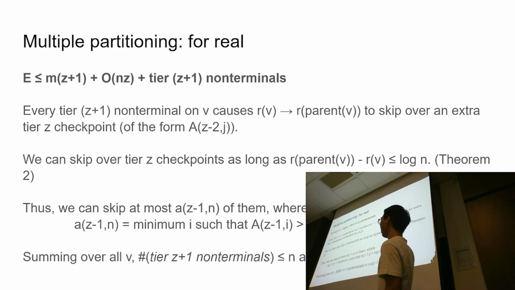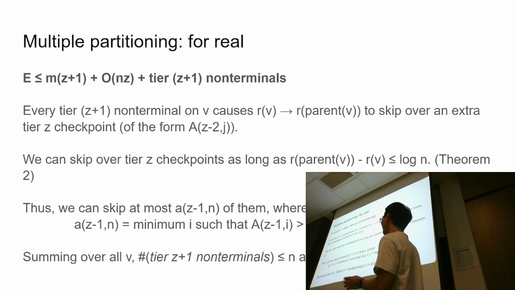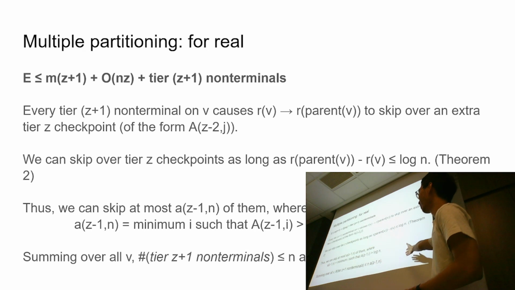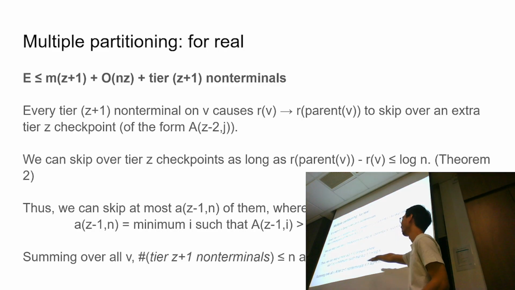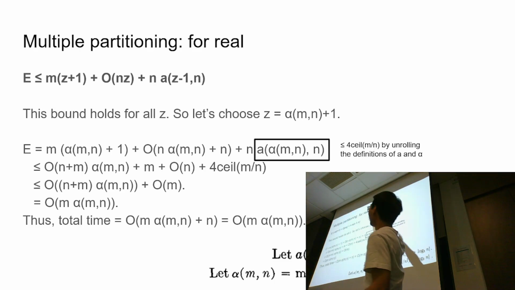So this basically represents, at the z minus 1 level of operation, how many times can I apply that z minus 1 operation before the Ackermann function grows bigger than log n. So if we sum over all V as usual, we get this upper bound. And so we've handled all the terms.